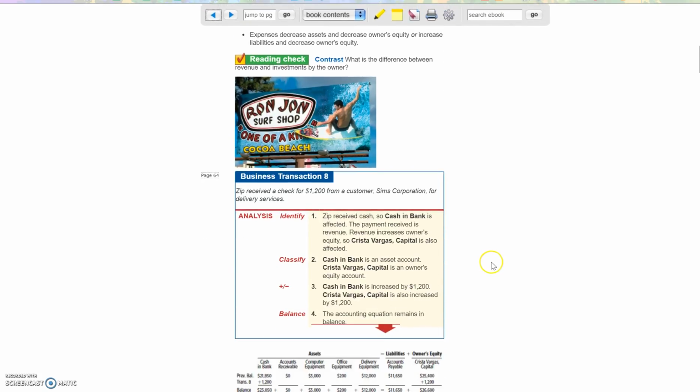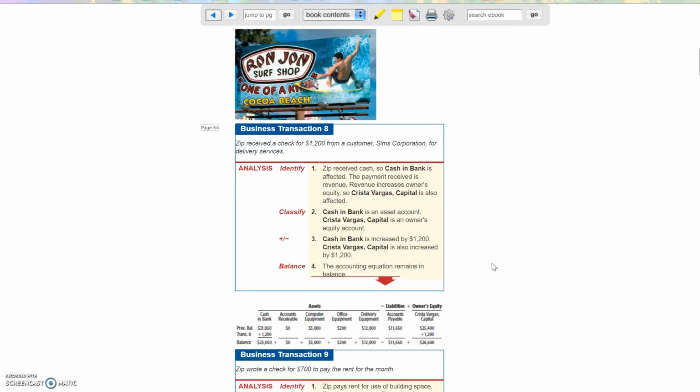So looking at, I think, three more business transactions quickly. We received a check for $1,200 from a customer for delivery service. So this is the way we earn our money. This is a revenue transaction, and we received a check. I told you in the last video, check is equal to cash. So the two accounts that are affected are cash and the owner's equity or capital account.